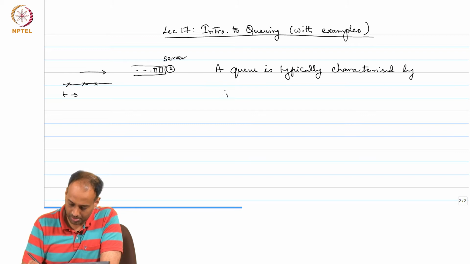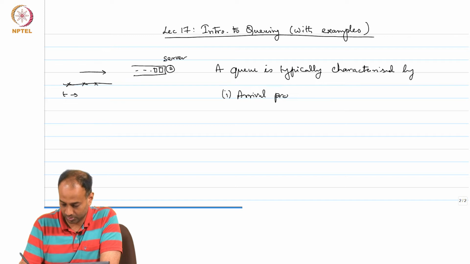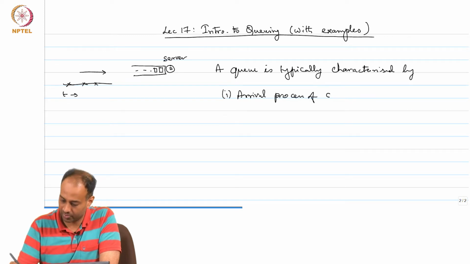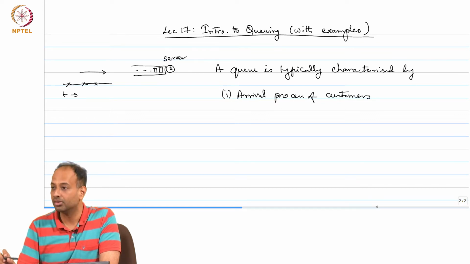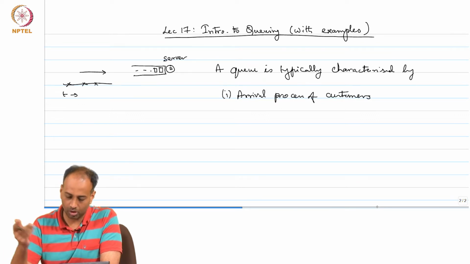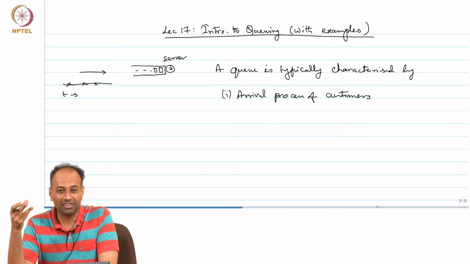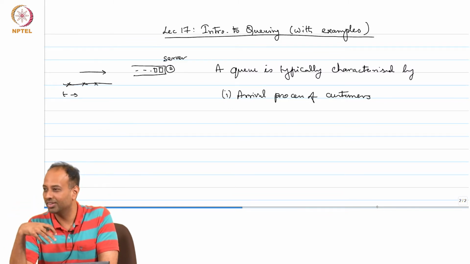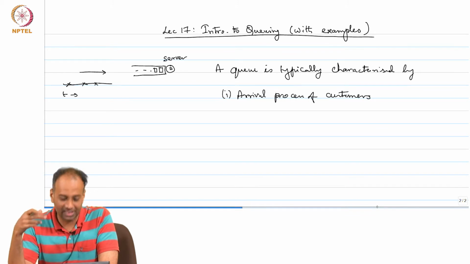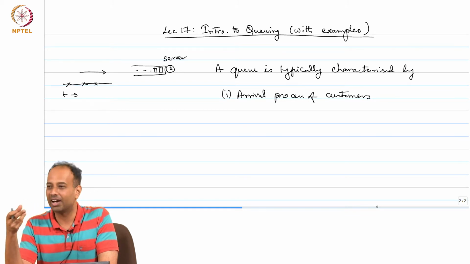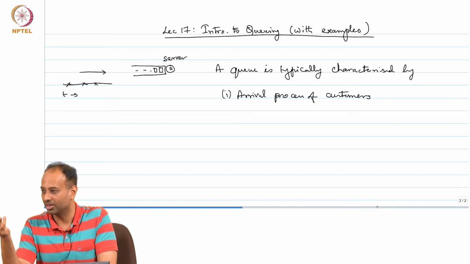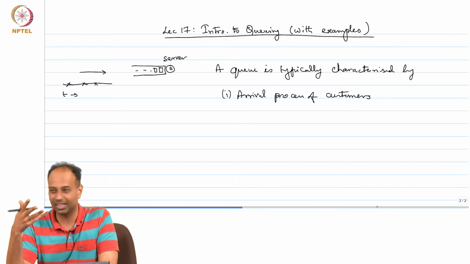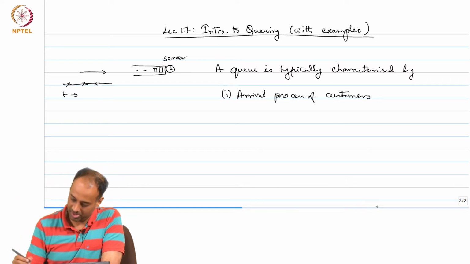It matters what the arrival process of customers is. If a lot of arrivals take place, you know that there will be a longer queue, and the statistical nature of this arrival process will obviously have some bearing on the statistical properties of how many people wait and how long you wait and so on. So, an arrival process of customers is clearly important.